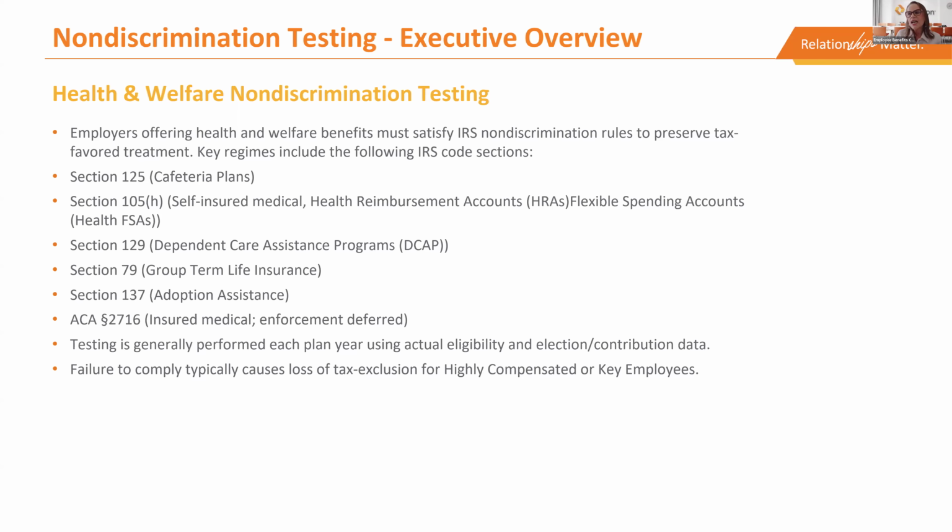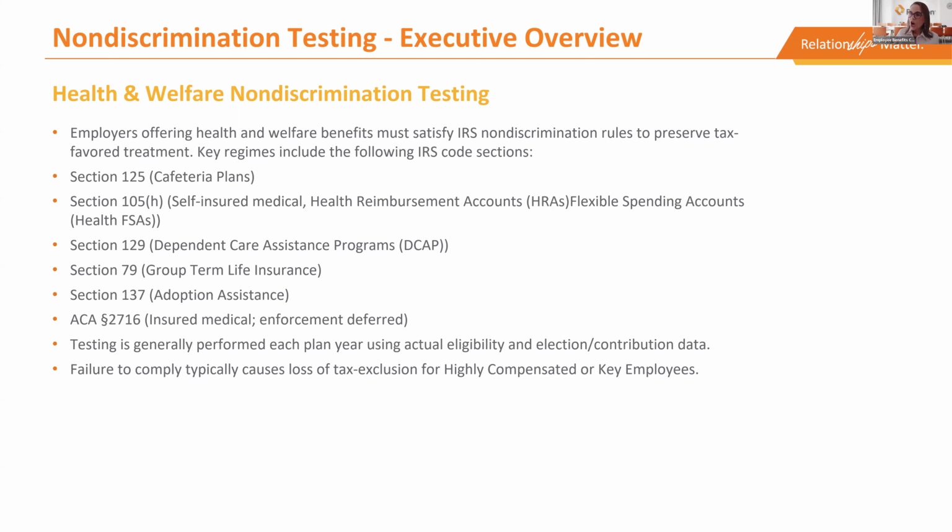As you can see, if you move down into the component benefits itself, you have Section 105(h) rules when you're testing the benefits themselves, and that applies to self-insured medical, health reimbursement accounts, and health flexible spending accounts. In those cases, you would test Section 125 for the favorable tax treatment of those premiums or contributions. And then you will also test the effects of your plan designs using the Section 105(h) rules.